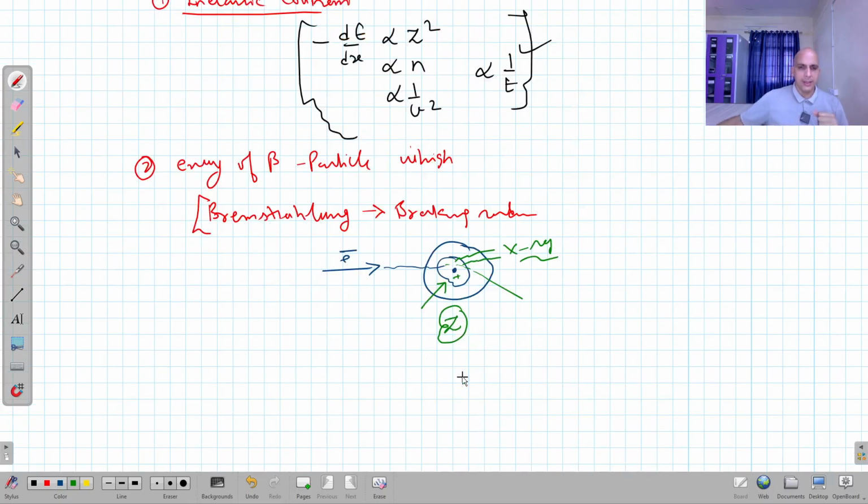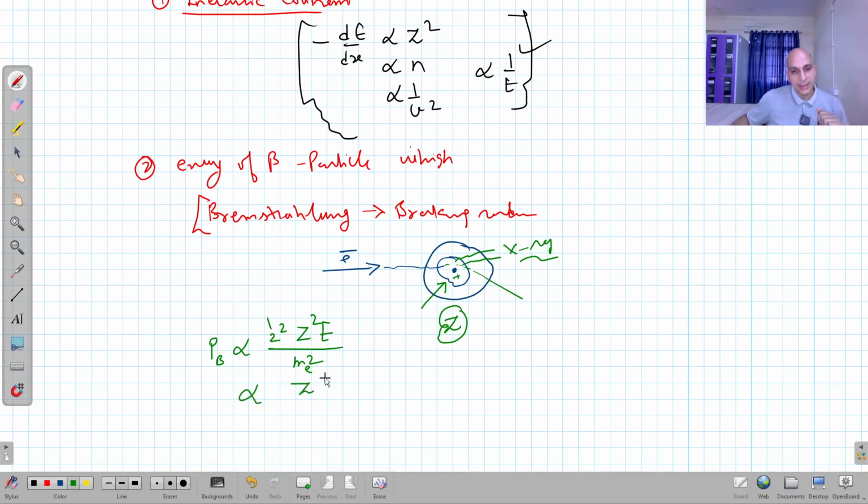I am writing here the probability of Bremsstrahlung formula, that it is directly proportional to small z square, capital Z square, E, energy of the electron, and mass square, mass of electron square. So small z is the atomic number of the incident particle, so it is 1 for the electron.